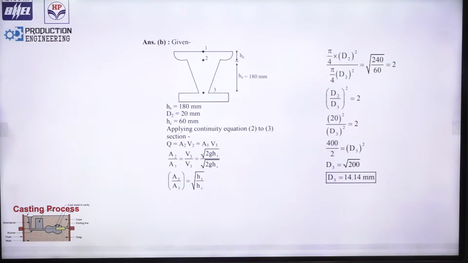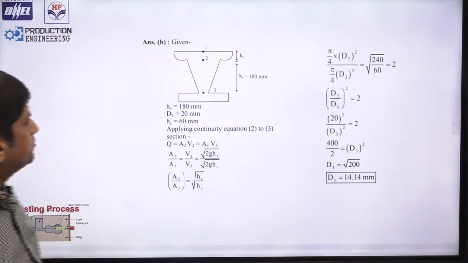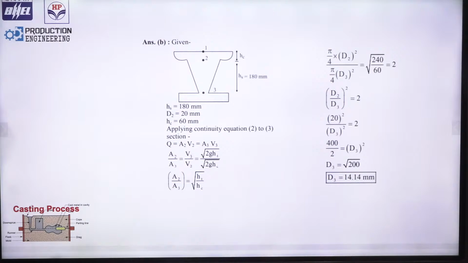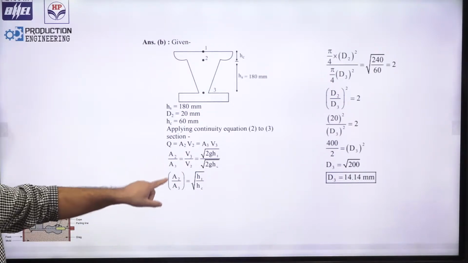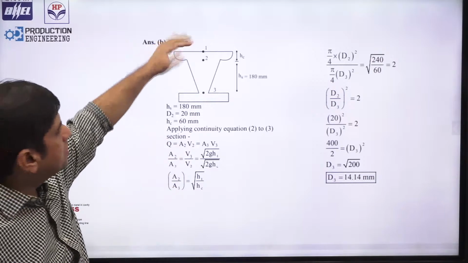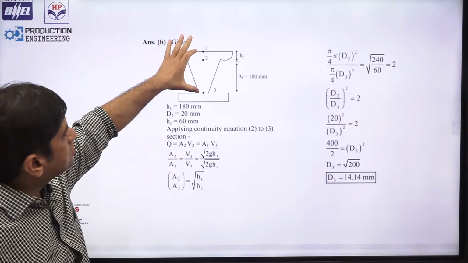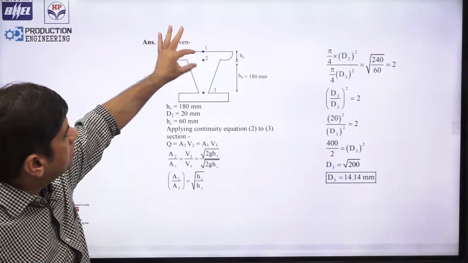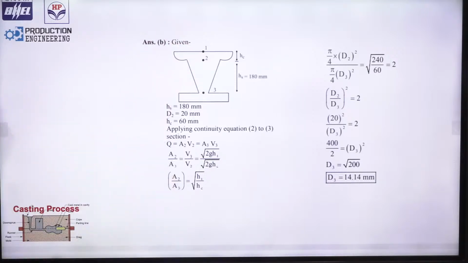So we are given D2, D3 I explained to you, height is 180, this is 60. If I apply the continuity equation, I get A2 V2, A3 V3 as I told you. A2, A3 will further be related to height. So what is the height from here? Let us say this is HC.